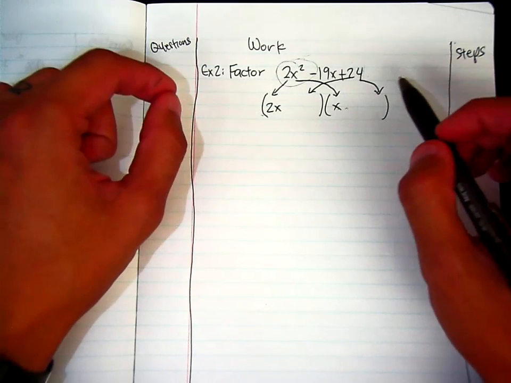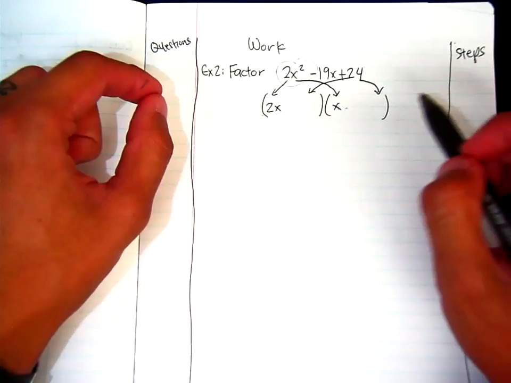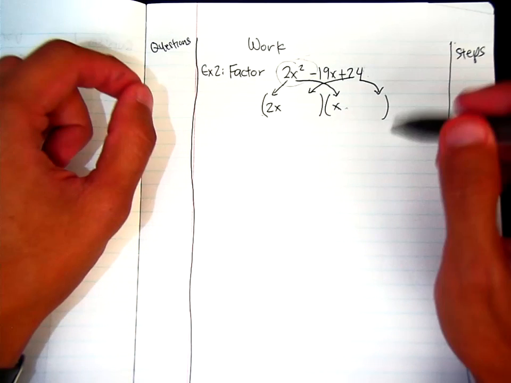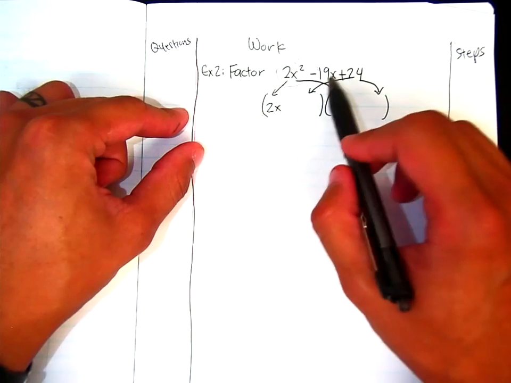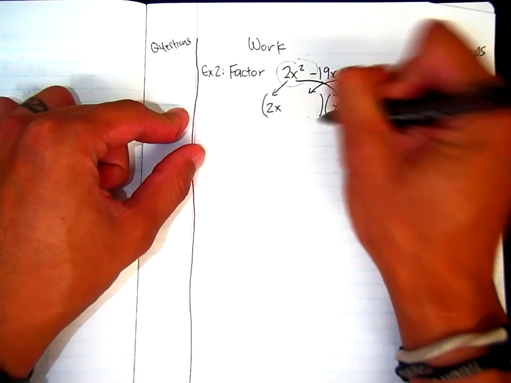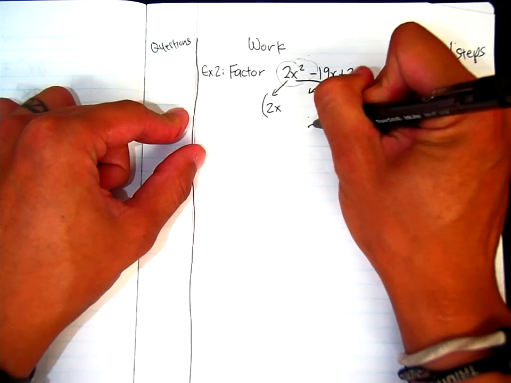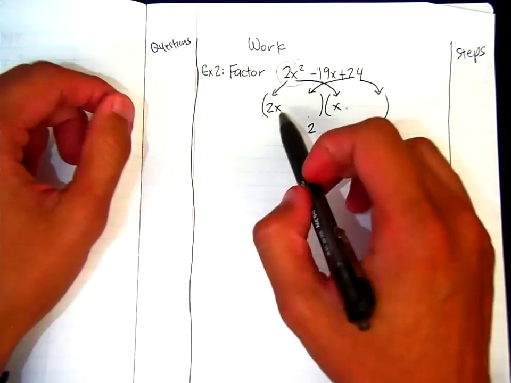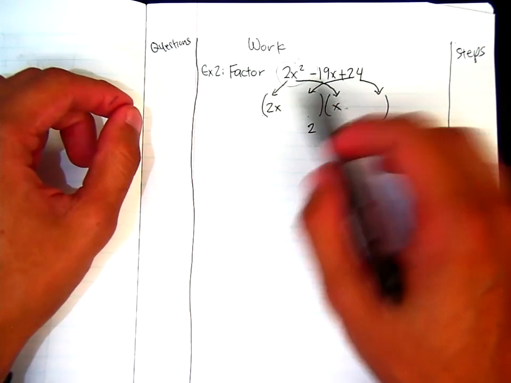Now I'm going to look here, and there's a million factors for 24. There's 2 and 12, 8 and 3, 6 and 4, 1 and 24. The middle term is negative, so I know I can't pick two positive numbers. If I pick something like 2 and 12, when I multiply it out, everything's going to be positive.